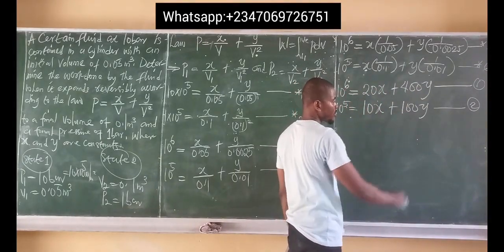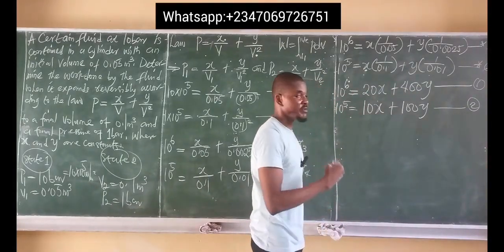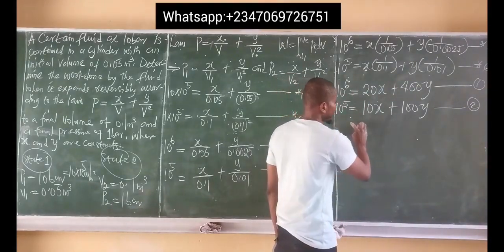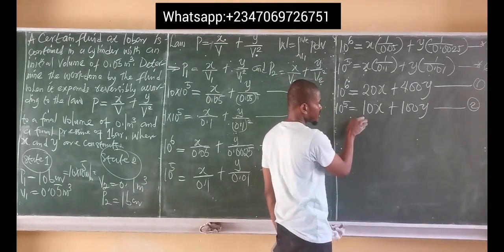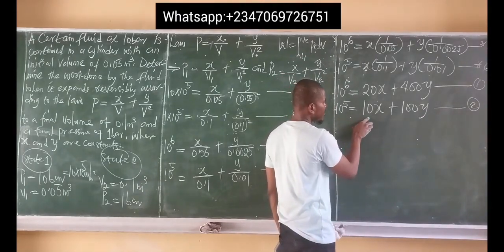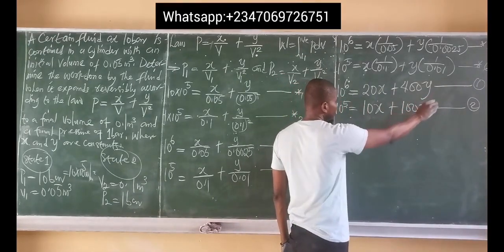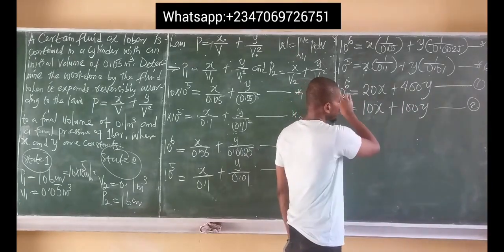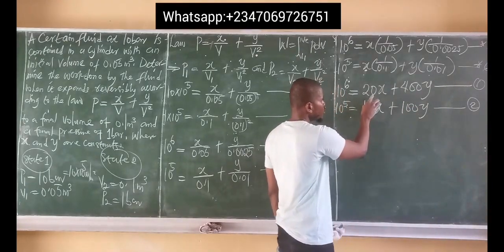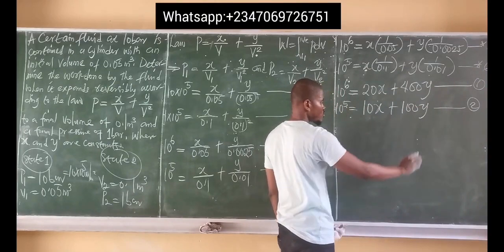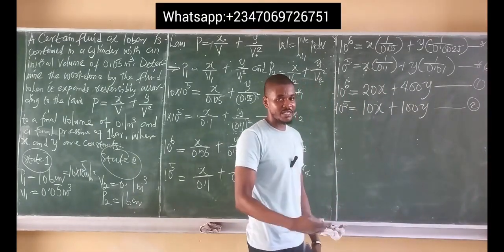So if I want to eliminate x now, the coefficient of x in equation 2 is 10 because it is 10x. So I will simply use 10 to multiply the whole equation 1, whereas the coefficient of x in equation 1 is 20. So I'll simply use 20 to multiply the whole equation 2. That will help me to eliminate x.